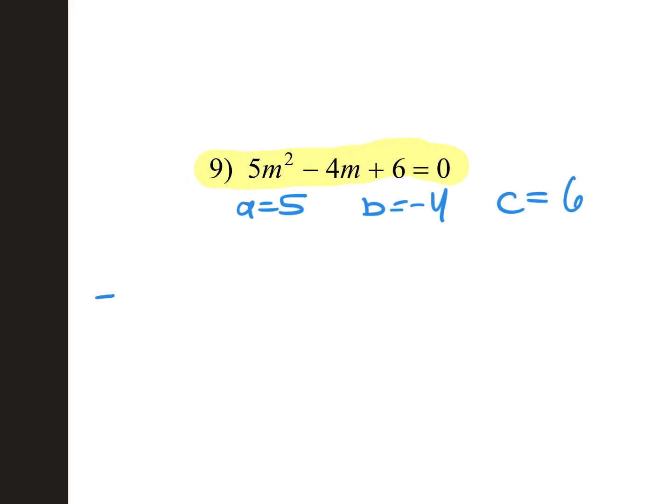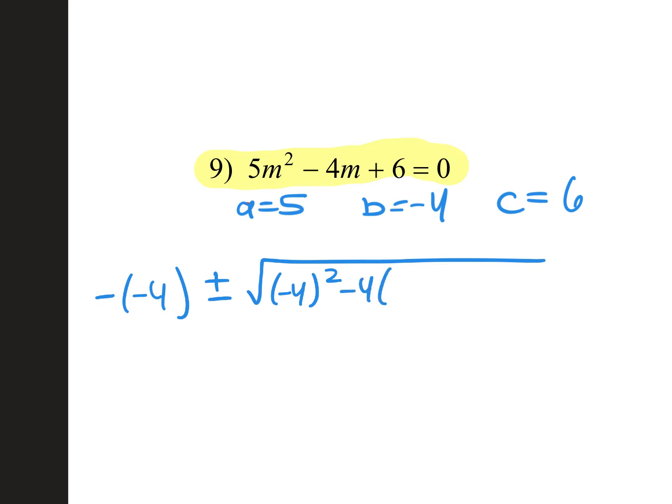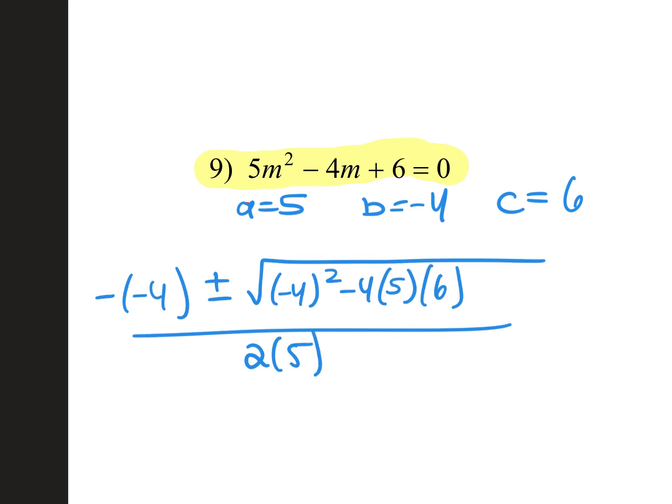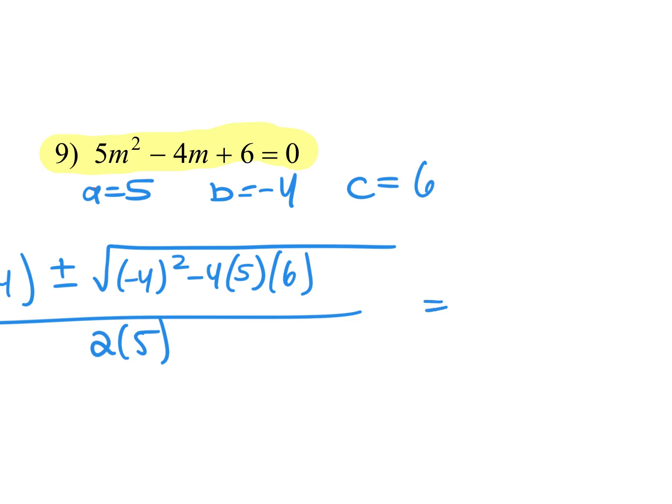So I have -4 plus minus the square root of -4 squared minus 4 times 5 times 6, all over 2 times 5. Everything good? All right, so -4 gives me +4 plus minus.